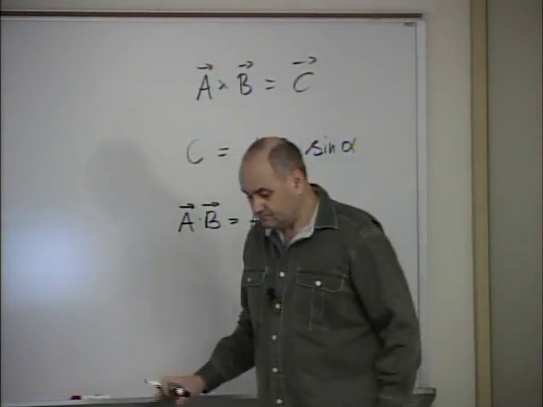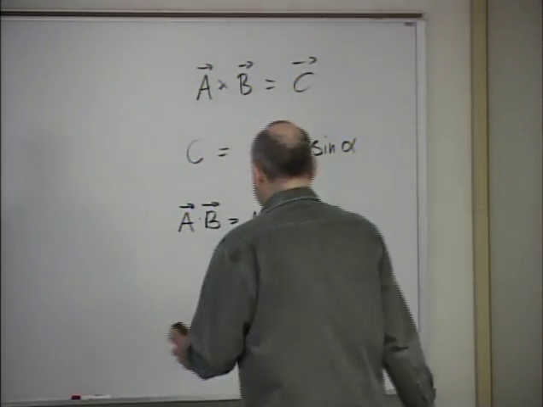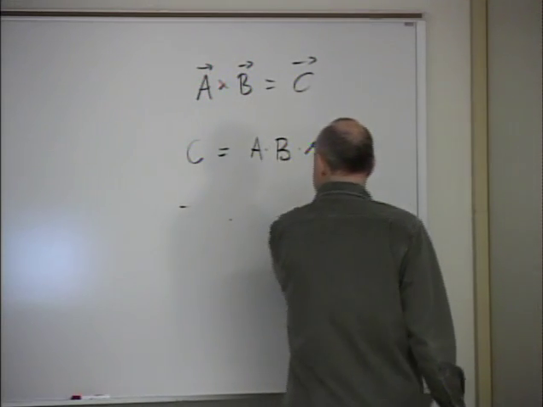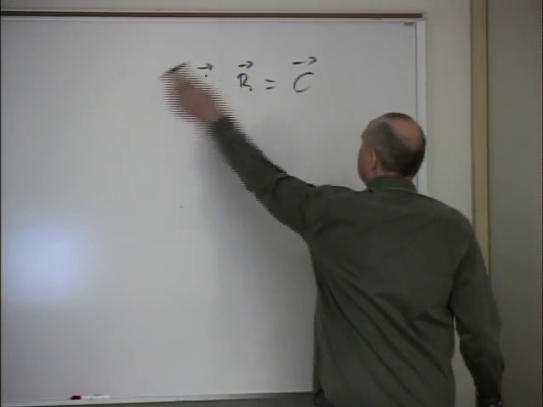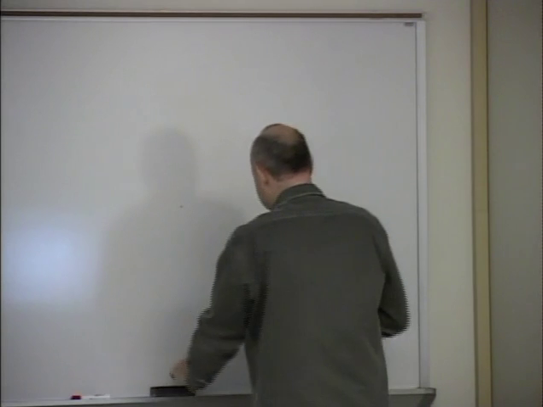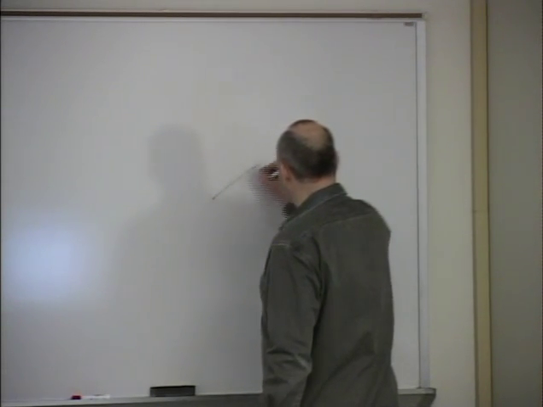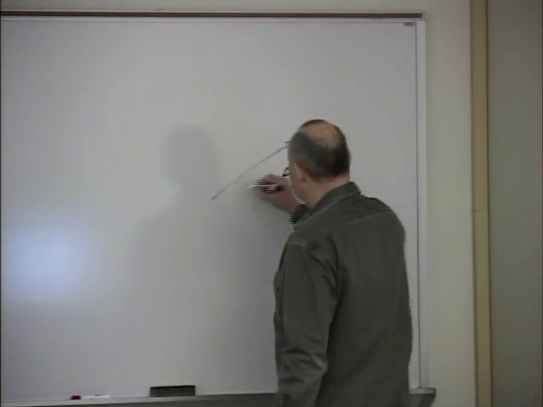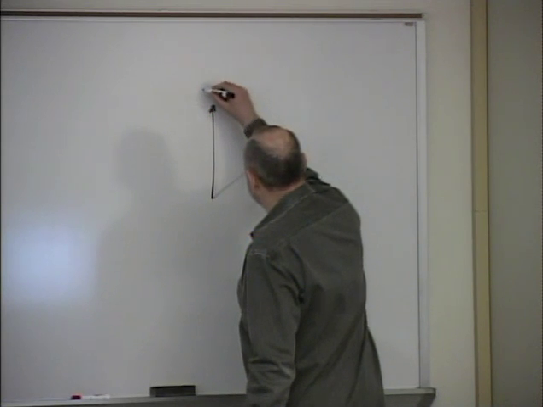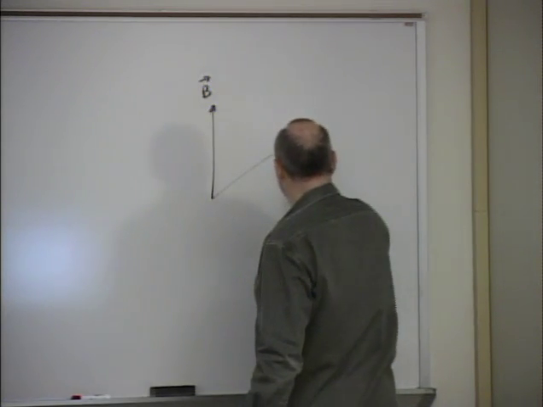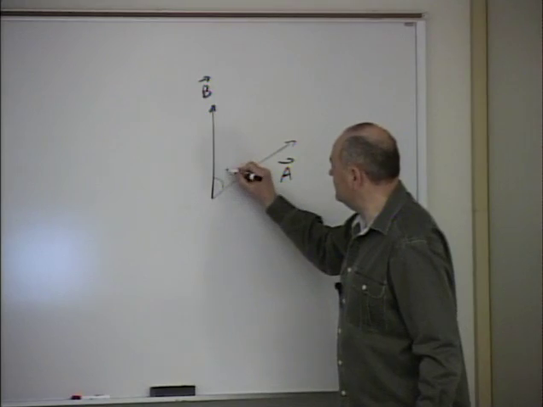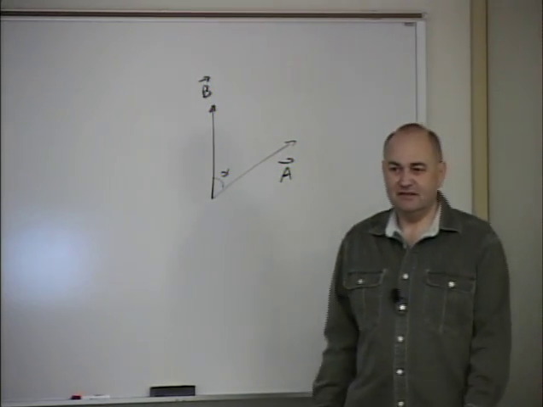Now, let's say I have two vectors, A and B. So angle alpha is over here.